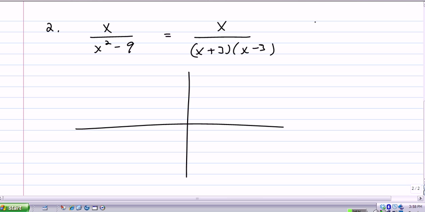No holes in the graph. We have some vertical asymptotes. Vertical asymptotes are the zeros of the denominator. So x equals negative 3, x equals 3.